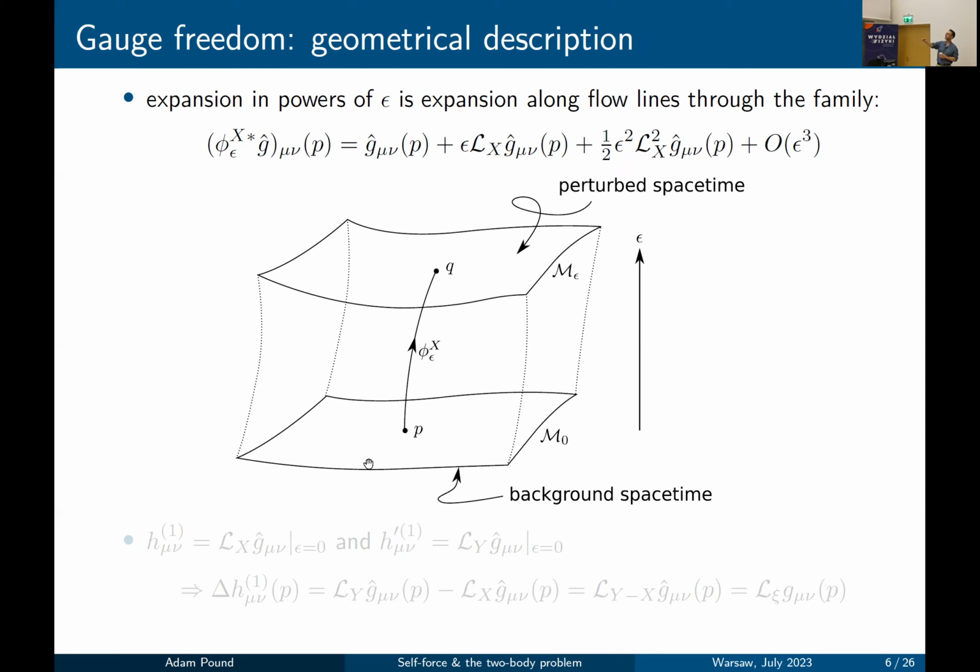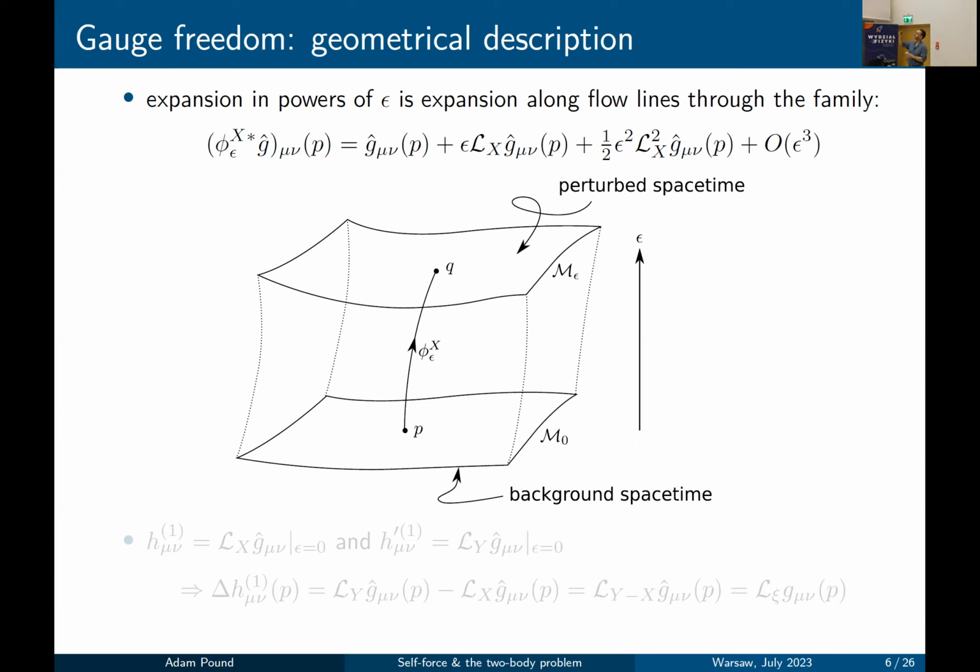The base manifold down here at the bottom is the background spacetime manifold. And then what are we doing when we're expanding in powers of epsilon at fixed coordinates? Well, geometrically, we're trying to approximate the metric up here in terms of things evaluated down here at the bottom.